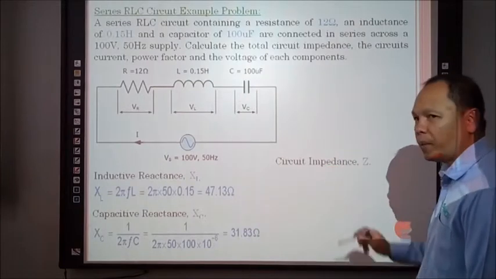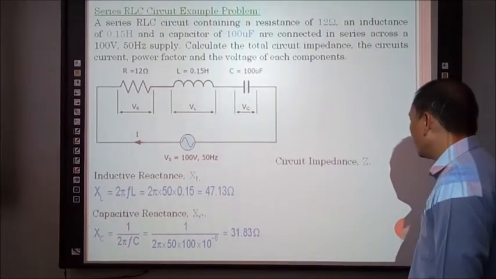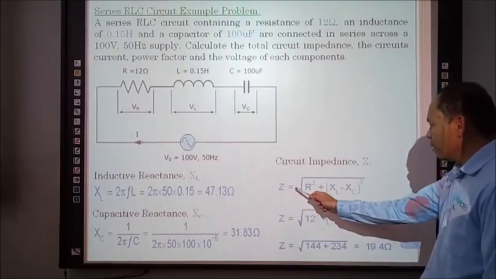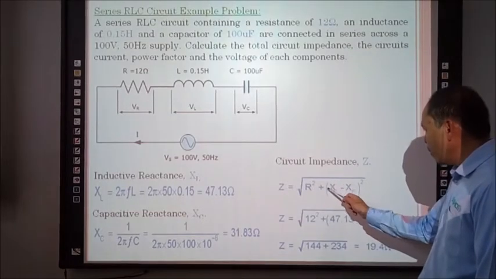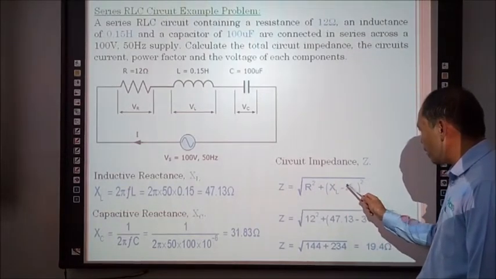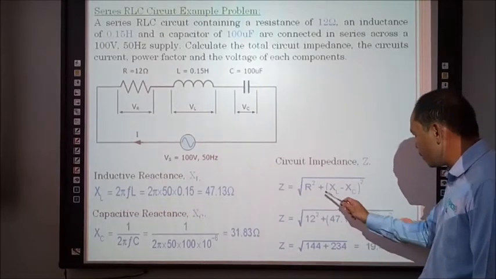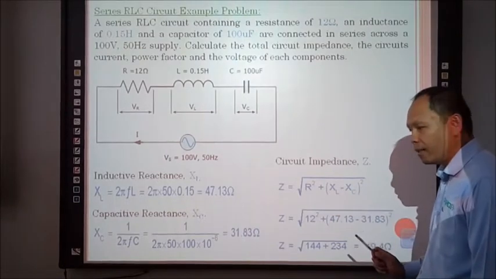The next, we are going to solve for the circuit impedance, or the total impedance. So the formula is Z is equal to the square root of R squared plus open parenthesis XL minus XC close parenthesis squared. Substitute the value of R, XL, and XC.